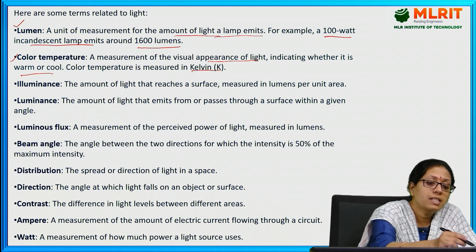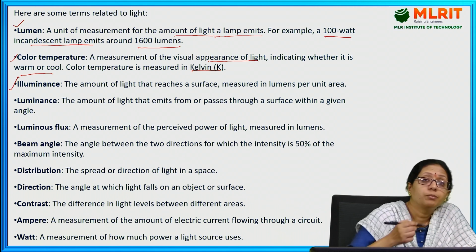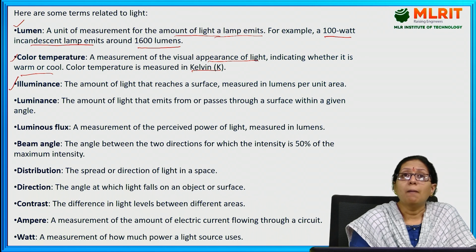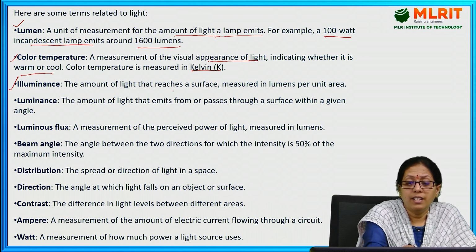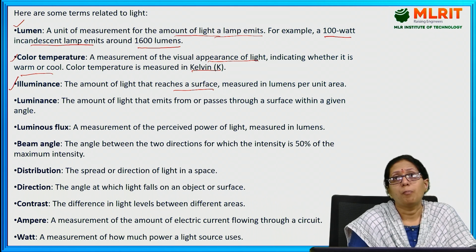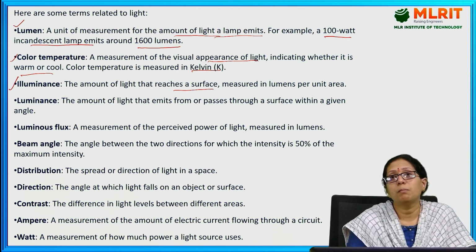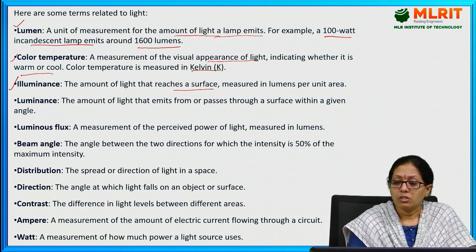Third one is illuminance. The amount of light that reaches the surface is measured in lumens per unit area.